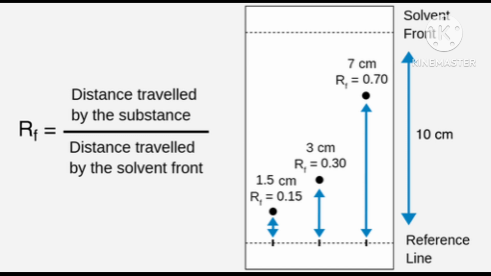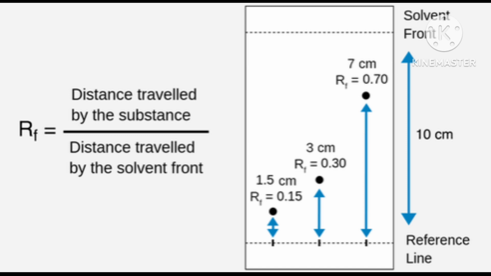Column chromatography involves the separation of a mixture over a column of adsorbent, the stationary phase, packed in a glass tube. Keep in mind it is burette type, only the diameter will be a little more, as per requirement.